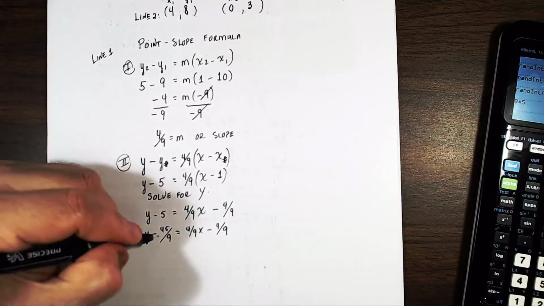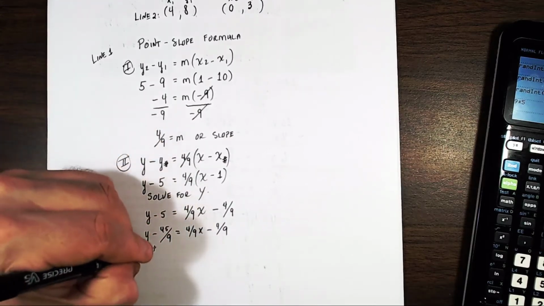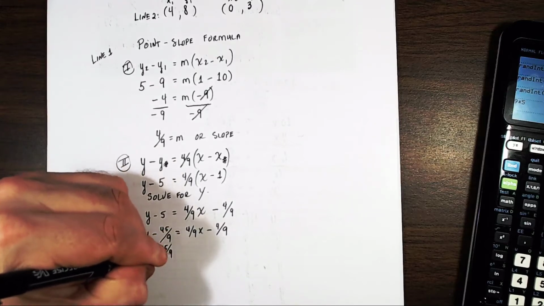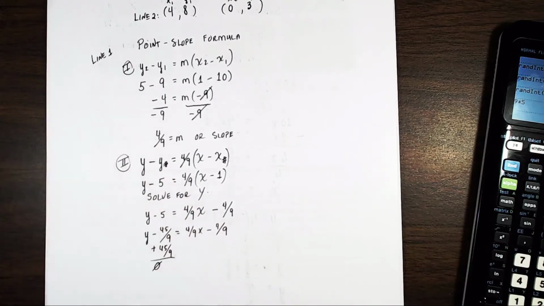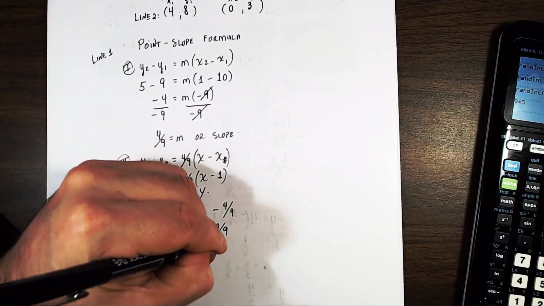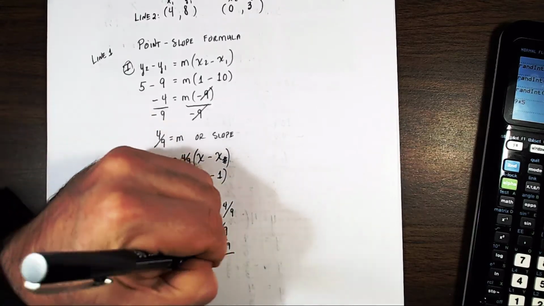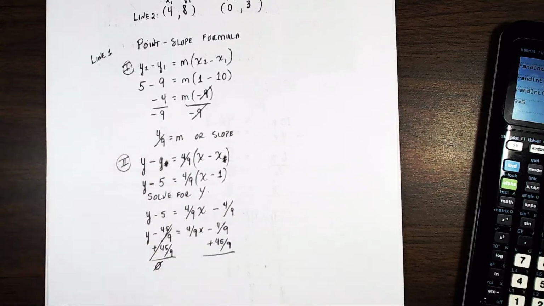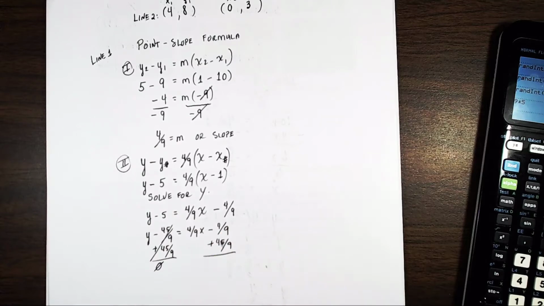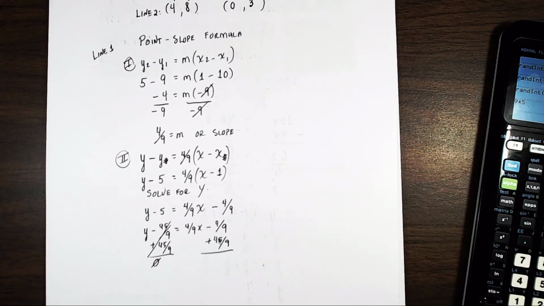All right, so now I'm going to add to both sides 45 ninths, which will get rid of that on the left side of the equation. And on the right side of the equation, I have negative 4 plus 45. So what I end up with is 41 ninths, plus 41 ninths.